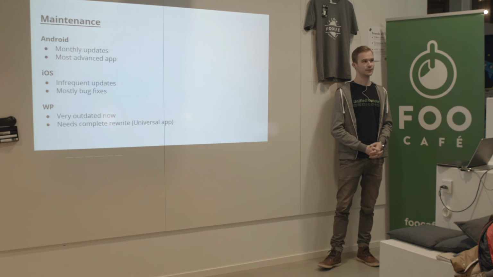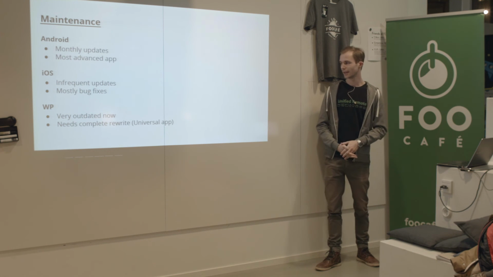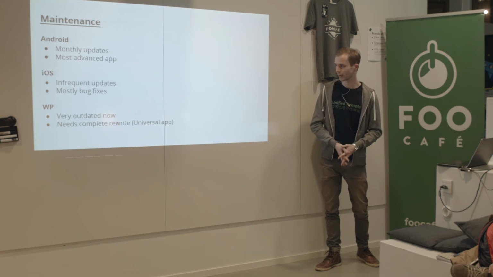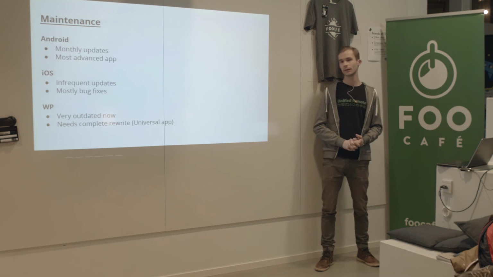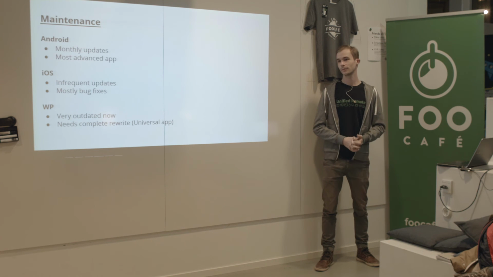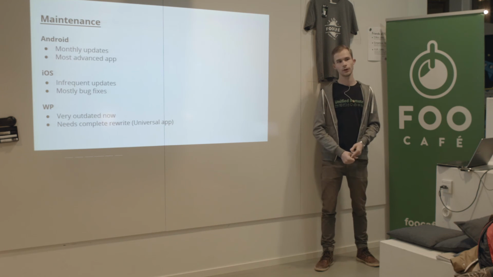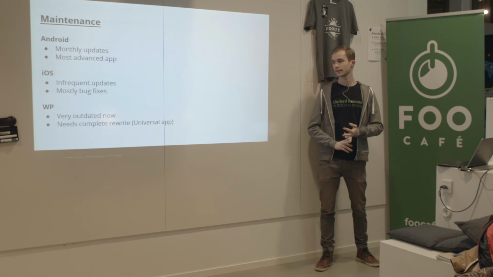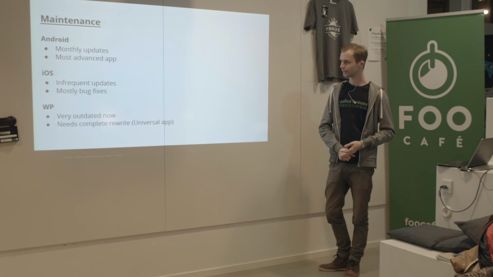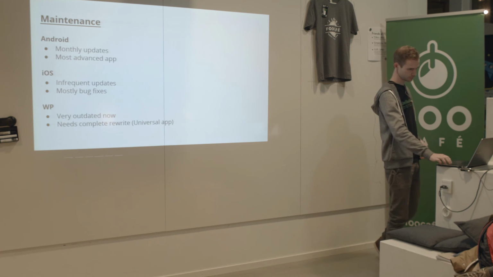So we've on purpose held off on doing too much there, because now we're at a point in time where it would make sense to rewrite the entire Windows Phone app and make a universal app out of that, which will essentially mean we can target Windows Phone, Windows 10, and all the new stuff with Kinect and HoloLens and things like that as well. So that is on our to-do list for the future.